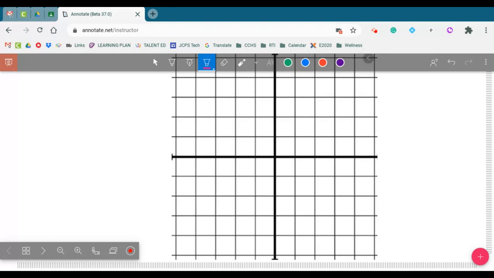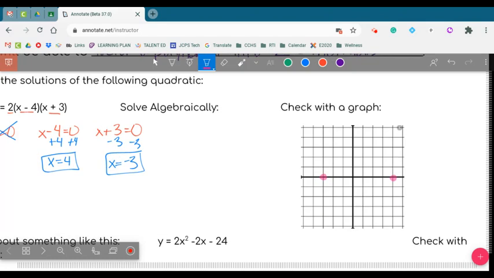So we're going to graph those on our line: 4 and negative 3. And then if you were to graph this in the calculator, make sure you utilize your calculator to check your work. It's going to be a great tool just to make sure you're getting the right solution.